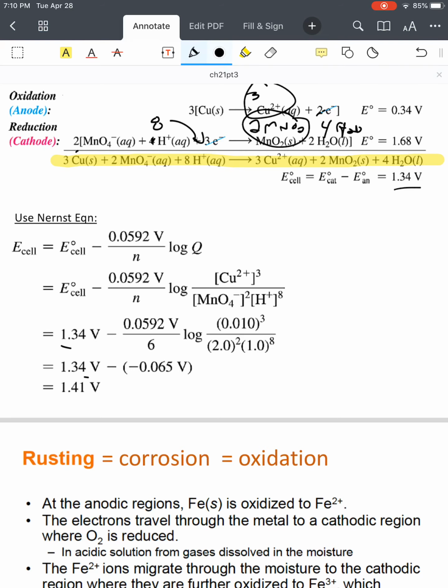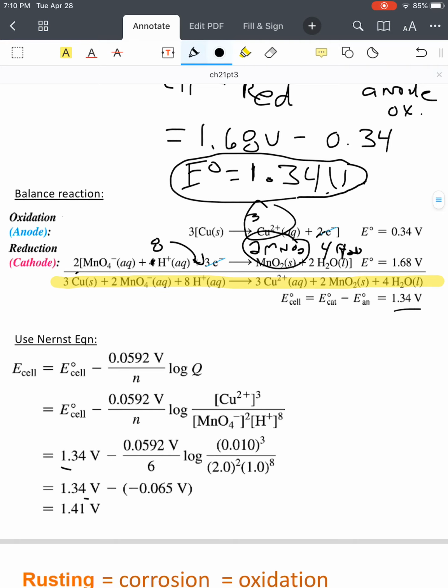So I take this 1.34 volts that I found in a previous step for my E naught up here, and I plug that in for my E naught cell. In the numerator of this fraction, I still have 0.0592. That's just a Nernst equation factor. But down here in the denominator, I've got n, this lowercase n.